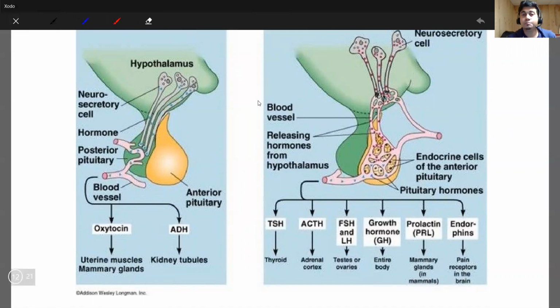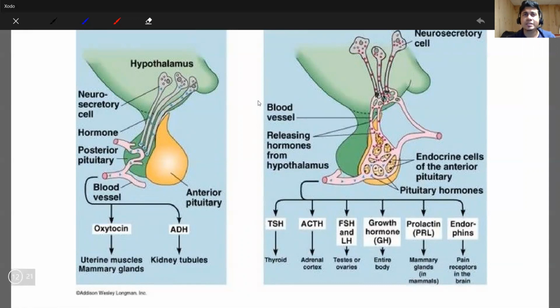The anterior pituitary produces hormones by itself, but it is regulated by the hypothalamus. But the posterior pituitary cannot produce any hormone. It only stores the hormones that are produced in the hypothalamus. Those hormones go down into the posterior pituitary, they are stored there, and from there, these hormones are released.